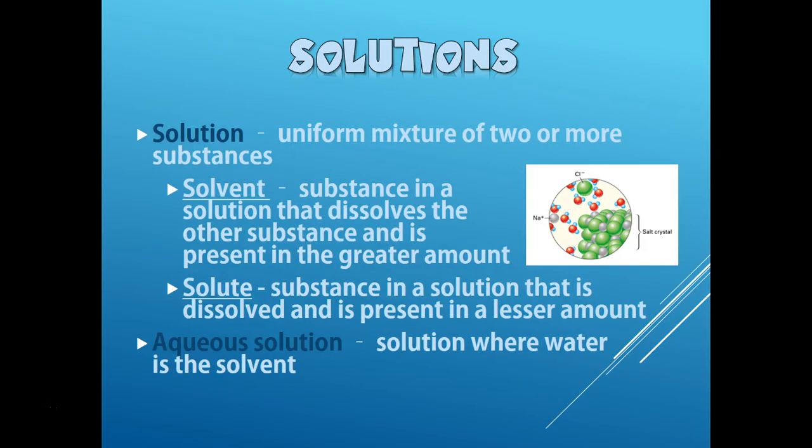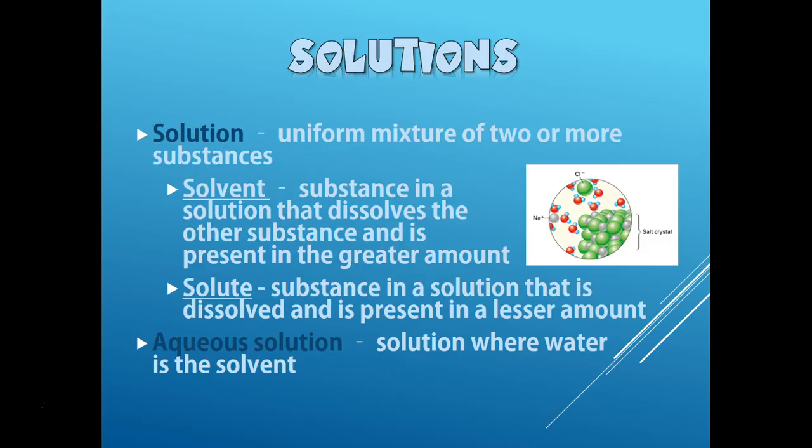We're going to focus mostly on the solutions because when we talk water, water is sort of the quintessential solution maker. So a solution in and of itself, right, uniform mixture of two or more substances, it is a homogeneous mixture.